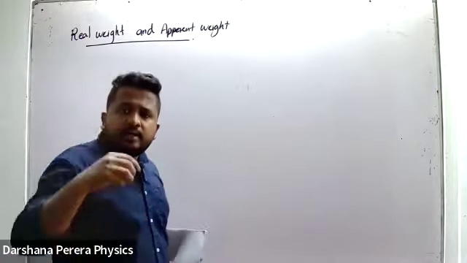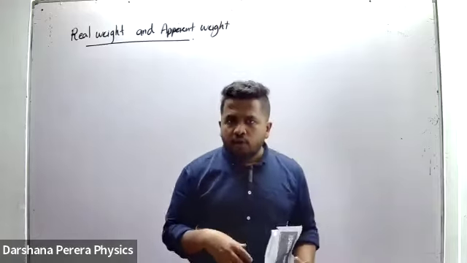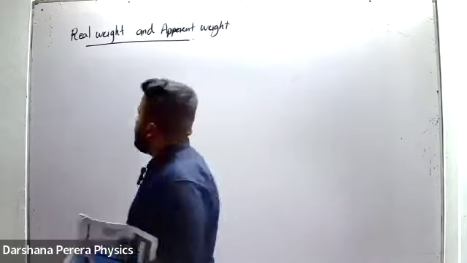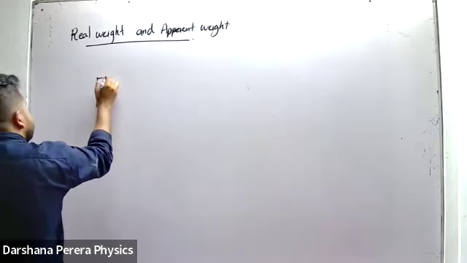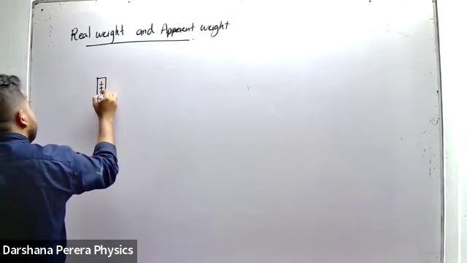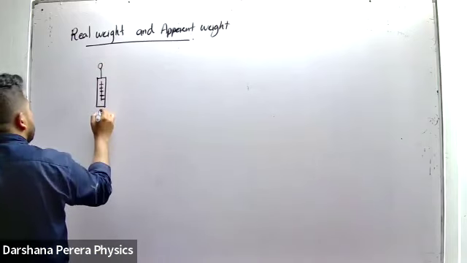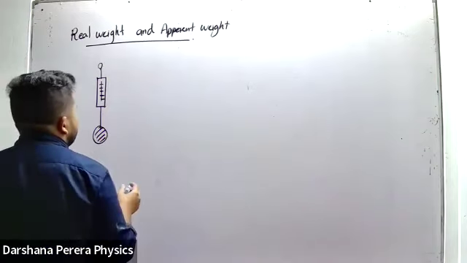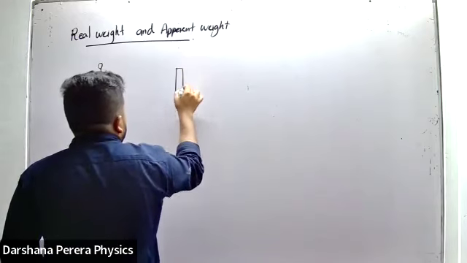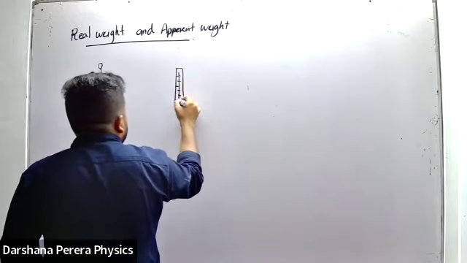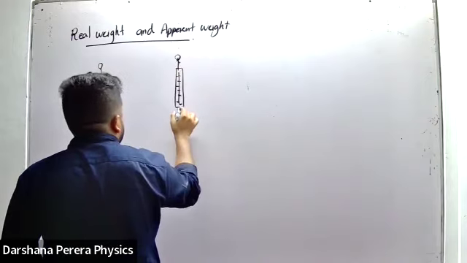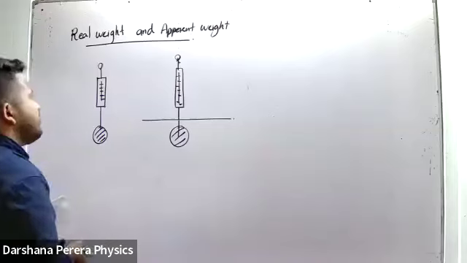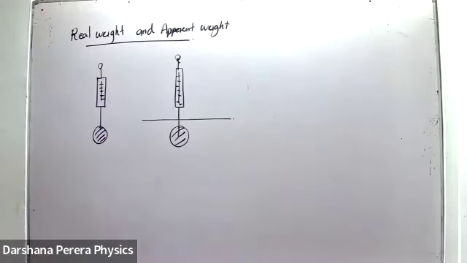When an object is submerged into the water, when it is connected to the spring scale, like this, I connect an object to the spring scale. Then it is submerged into the water or liquid.